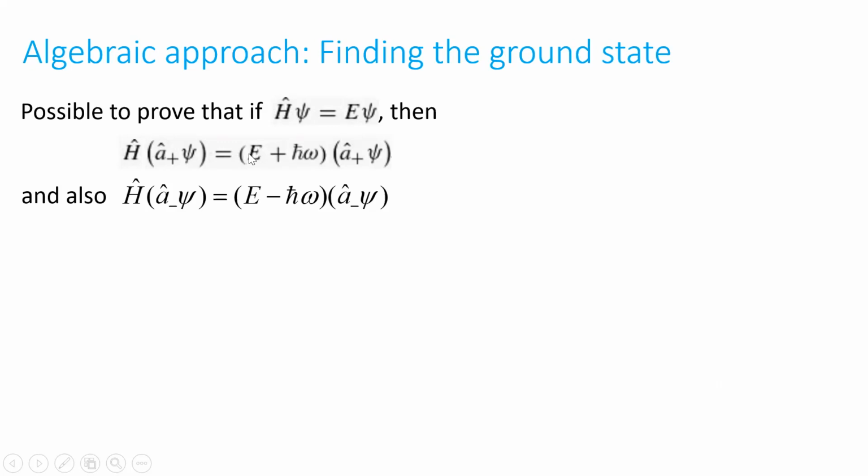So the action of acting on the state by a plus just increases the energy E to E plus h bar omega. And similarly, if we take H acting on a minus psi, that gives E minus h bar omega acting on a minus psi. So it just decreases the energy of the state by h bar omega.